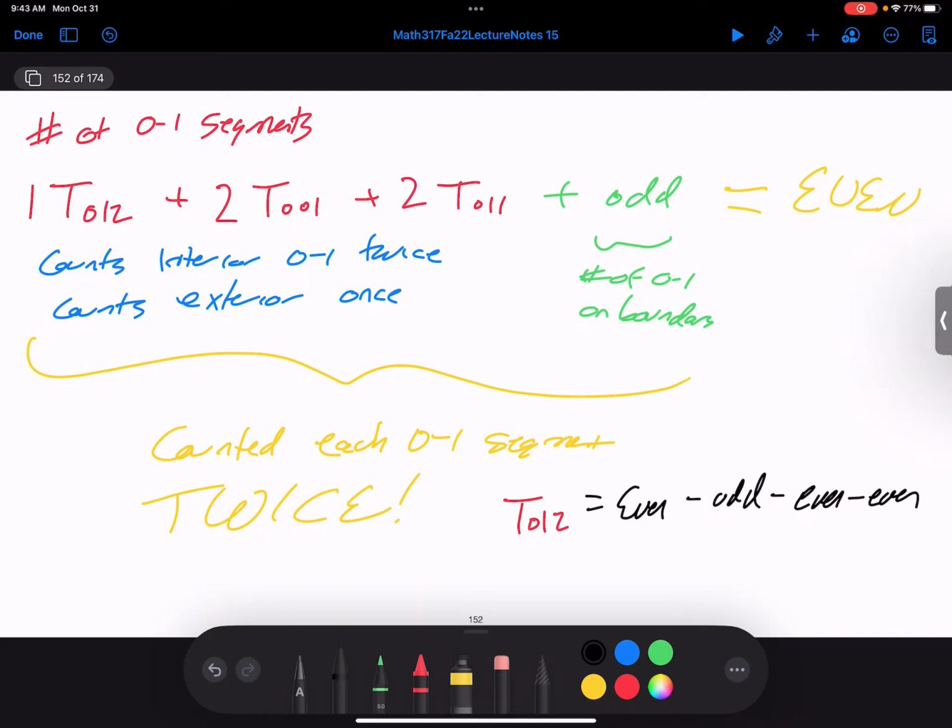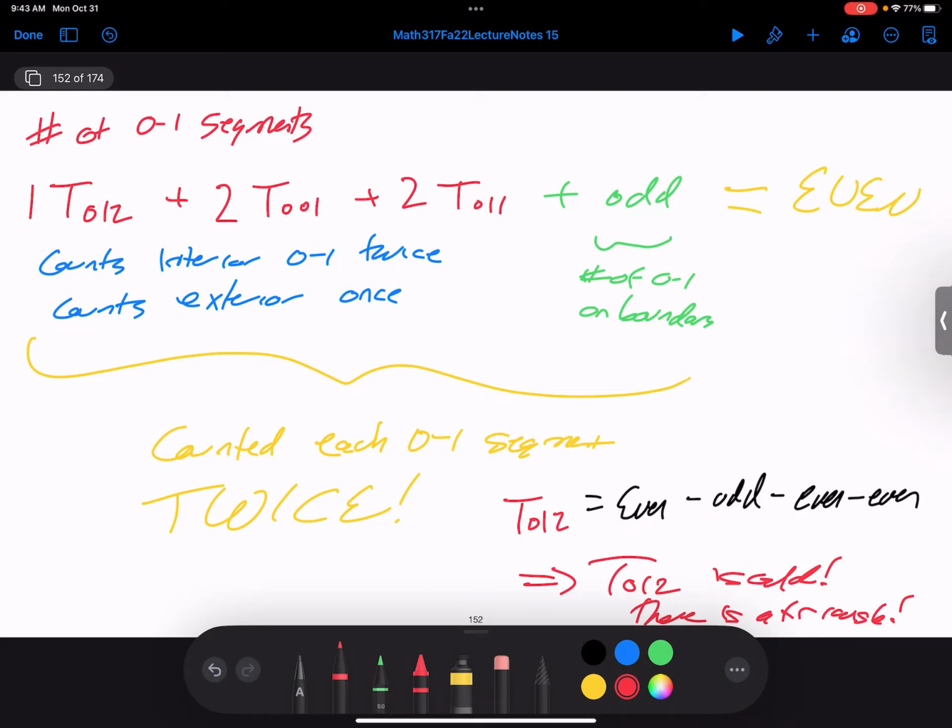T012 has to be an odd number, because the only way we can make this even by adding 1 more term is we have to add an odd number. So we get T012 is odd. There is a triangle. Well, we're done.